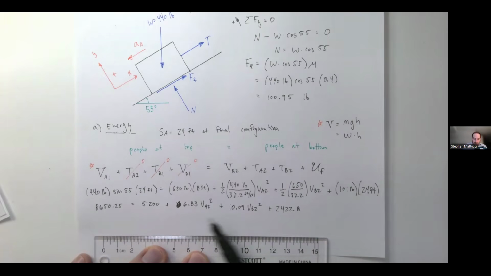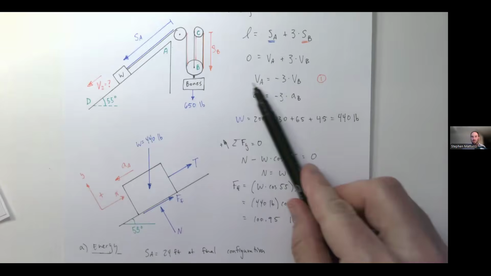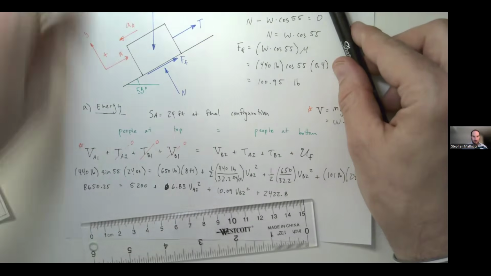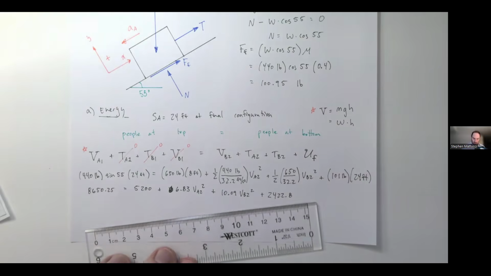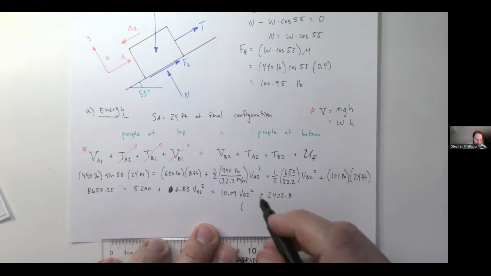So we did it at the beginning. I'll pull it down here. We already have a relationship up here for VA and VB. So we can sub that in down here for VB.